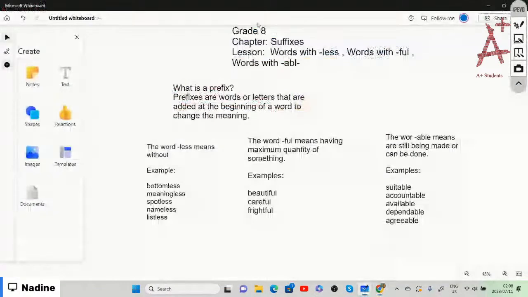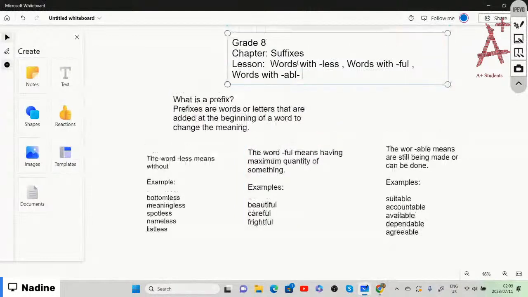We are in grade 8, chapter of suffixes, and the lessons are words with less, words with full, and words with able or ible.